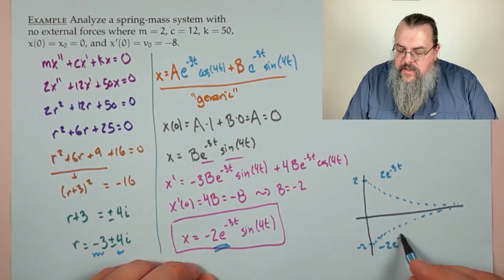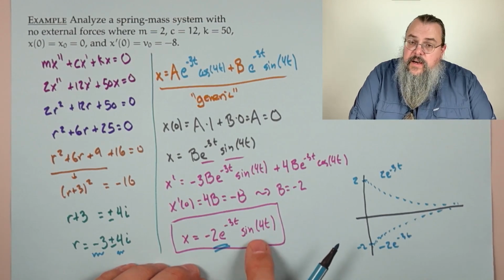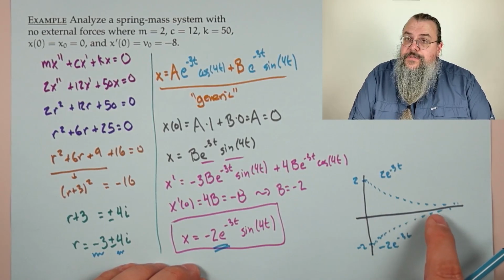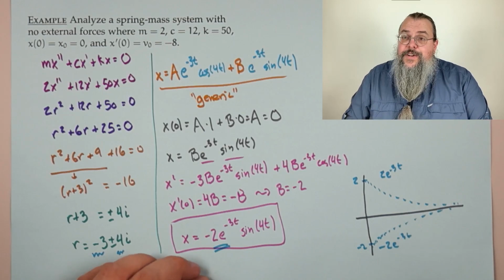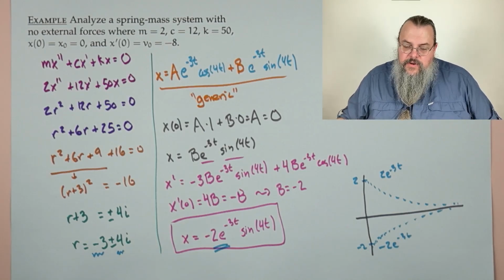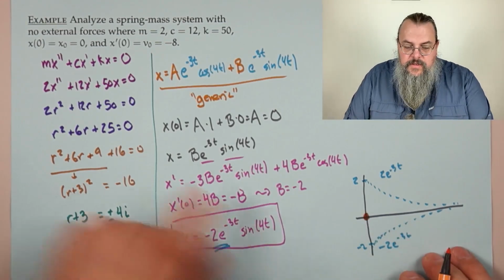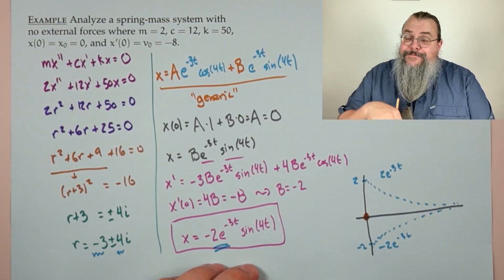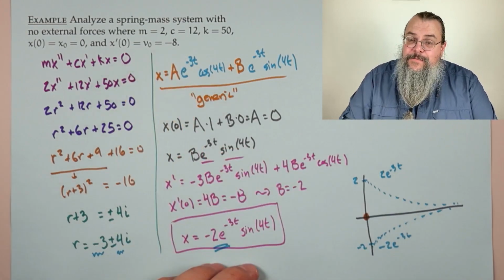Okay, great. Now, it turns out that we're going to oscillate, because of this sine, between these two curves. So we're going to start oscillating, but notice we're going to start going lower and lower. At time 0, we know we start at location 0, because that's what we're told here. We also know we're going to be going down. Can you see why? The velocity is negative.